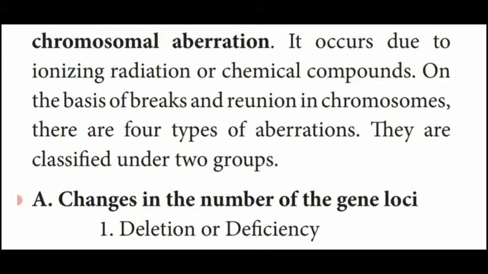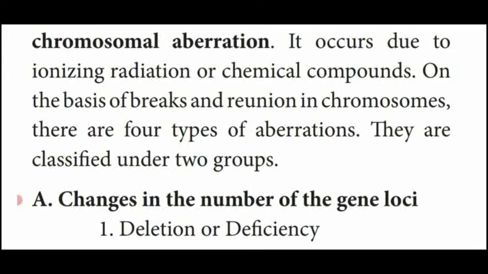Dear students, we have studied the radiation process, the electromagnetic spectrum showing high energy, which is divided into ionizing radiation and non-ionizing radiation. That ionizing radiation is responsible for structural chromosomal aberration.